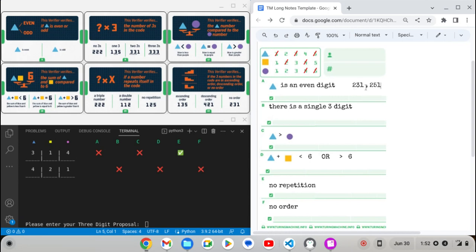So the 2 for triangle forces circle to be 1. There's no way around that. Okay, and I believe those are the only 2 possibilities with triangle as 2. Oh, and it can't be 2, 5, 1 because there's no 3. Okay, so we can actually cross it out. So the only possible solution that starts with a 2 must be 2, 3, 1.